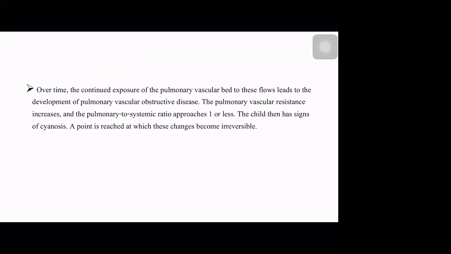The pulmonary vascular resistance increases gradually, and the pulmonary to systemic ratio approaches 1 or less than 1. The child then has signs of cyanosis, there is reversal of flow. A point is reached at which these changes become irreversible, and definitely at this time the condition also becomes inoperable.